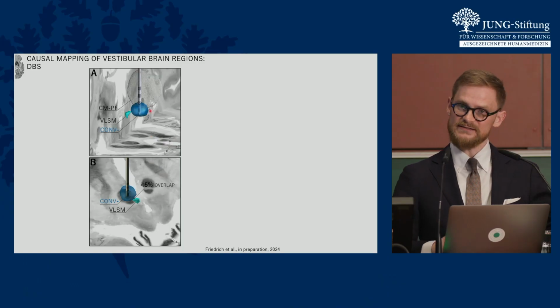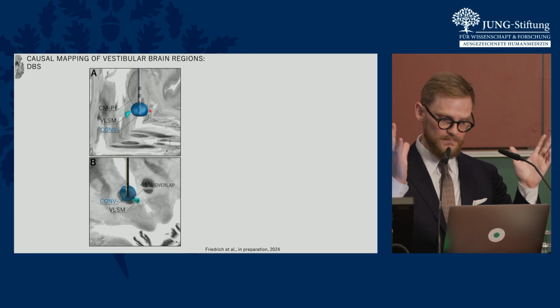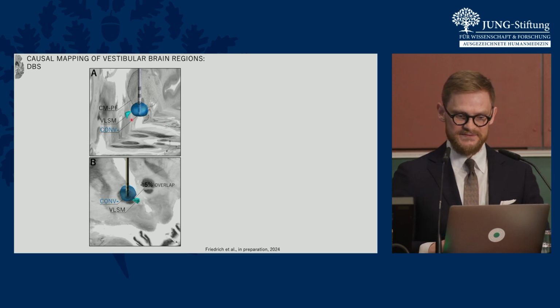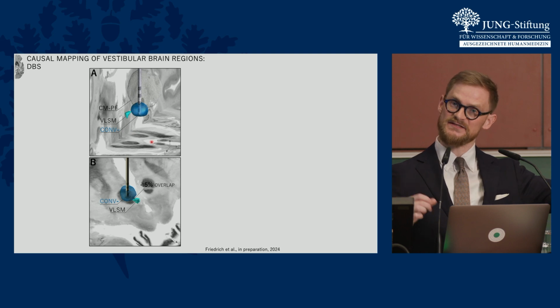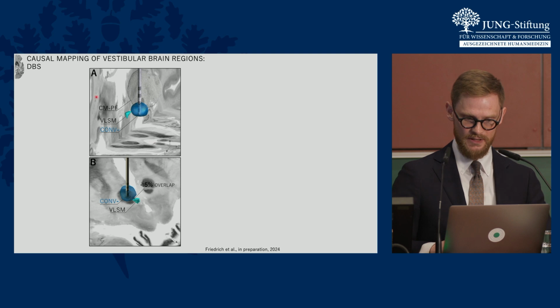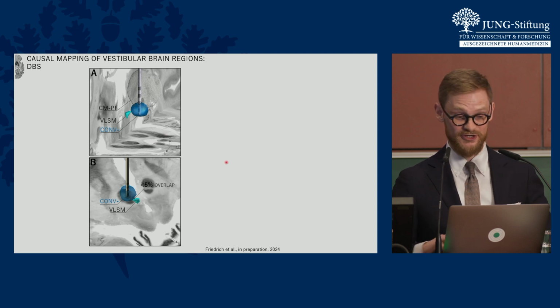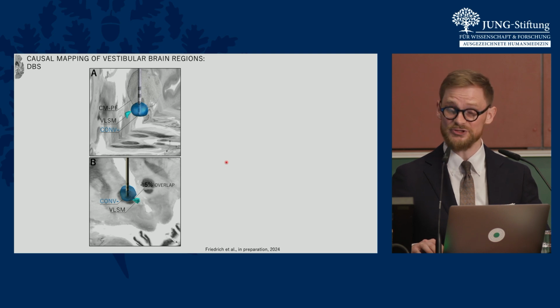So we modeled the electrode's electrical field in the patient's brain, here in blue, and we also mapped the spot that we found using statistics from the lesions that we think is involved in this vestibular function. And here in blue you can see the electrical current that did not cause the problem. It did not really overlap this region.